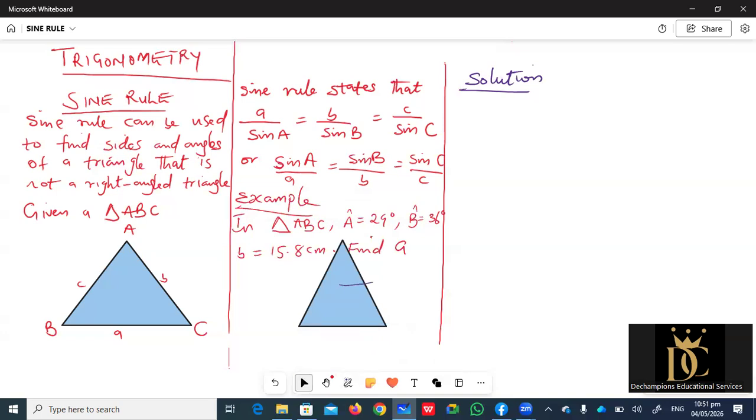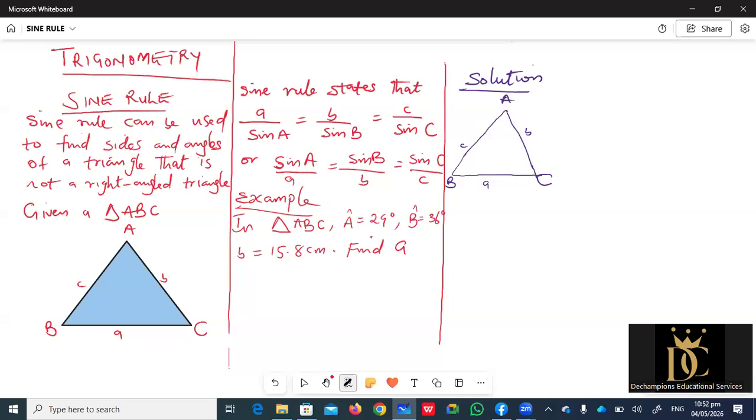Remember, it is not a right angle triangle. So let's call this angle A, angle B, and angle C. The side opposite angle B will be small b. The side opposite angle A will be small a. The side opposite angle C will be small c.